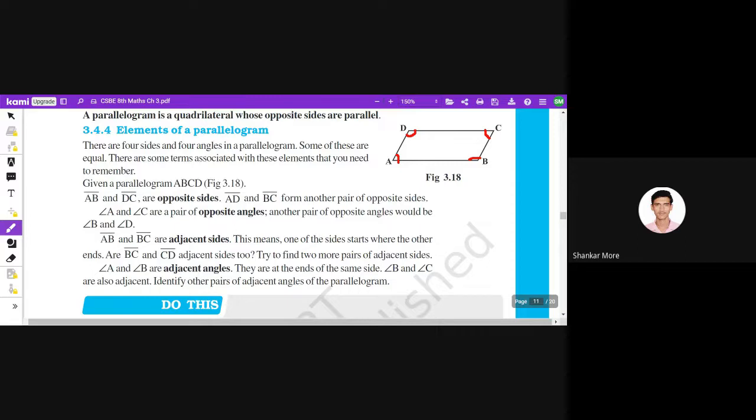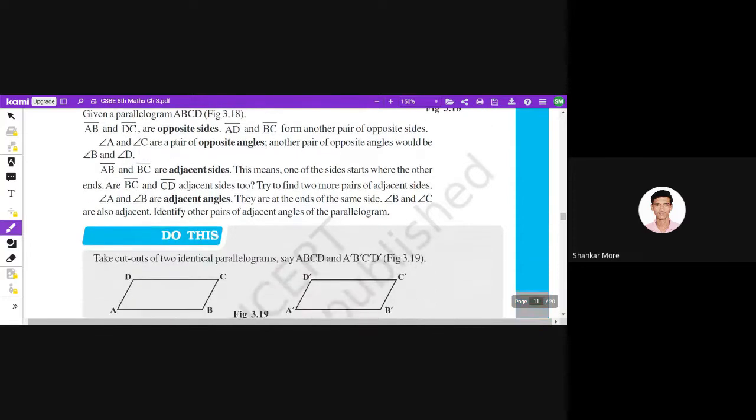Can we have one more pair? CD and AD, or CD and DA. This is again a pair of adjacent sides, right? BC and CD, correct? Yeah. Okay. So these are our adjacent sides.